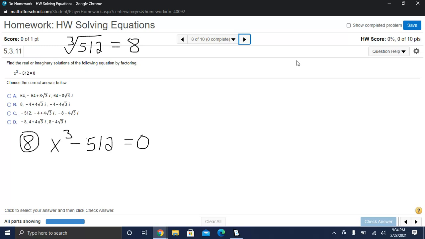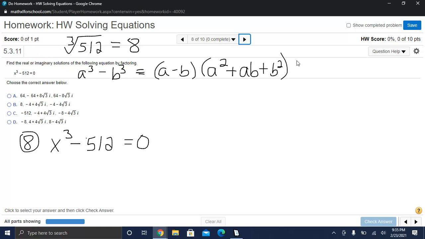So I have the formula for perfect cubes as a to the third minus b to the third equals, and then I have a parentheses a plus b, and then another parentheses, excuse me, that's not right, it's a minus b, and then a squared plus ab plus b squared.